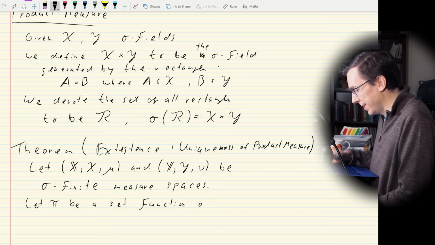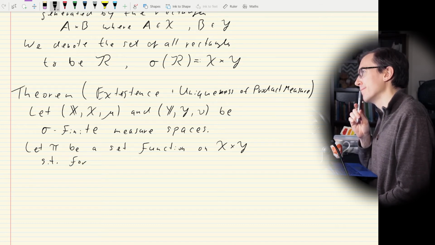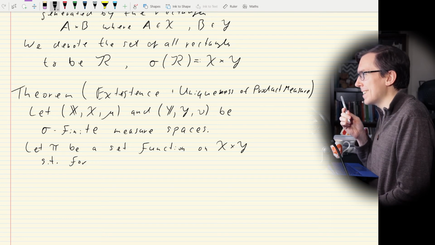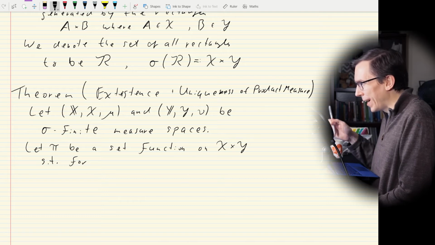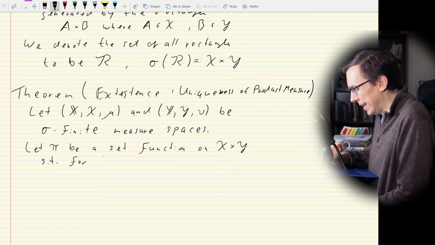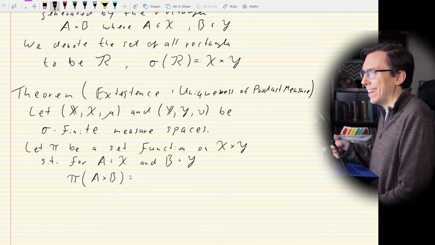It's defined specifically on the rectangles, such that for A in script X and B in script Y, pi of the rectangle A cross B is its length times its width.